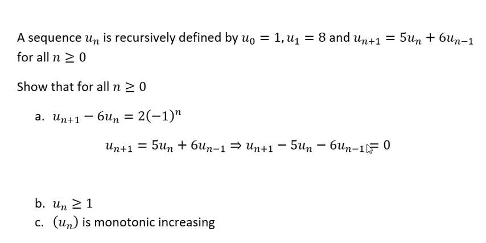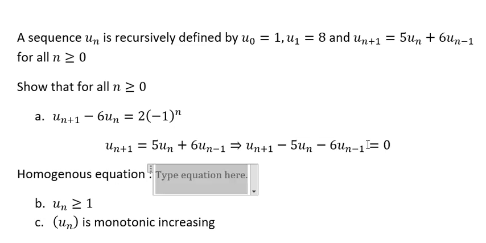Okay, so let's get the homogeneous equation. It's going to be r squared minus 5r minus 6 equal to 0. We solve for r. Think factors of minus 6 that when we add, we have minus 5, multiply, we have minus 6.